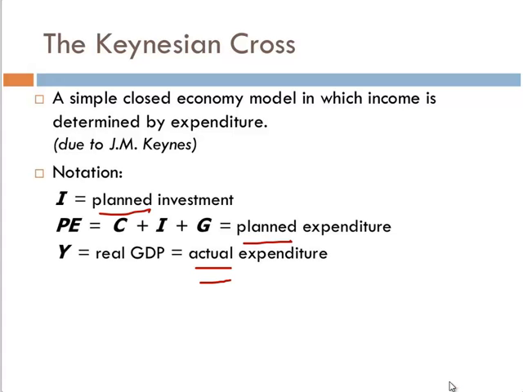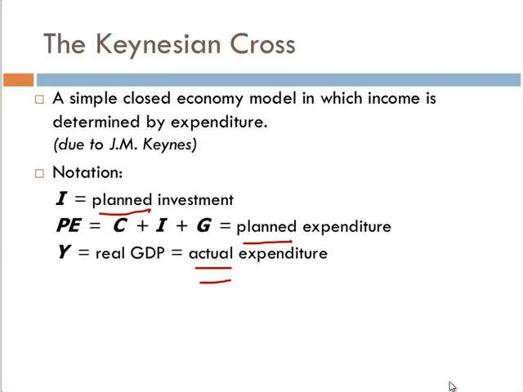What it simply does is it tries to equate what we call planned expenditure with actual expenditure. The point where planned expenditure and actual expenditure are equal, we consider to be in equilibrium. Because if we plan to spend more than we actually spend, what happens? We've planned for more than we actually spent, and so we have an increase in inventory.